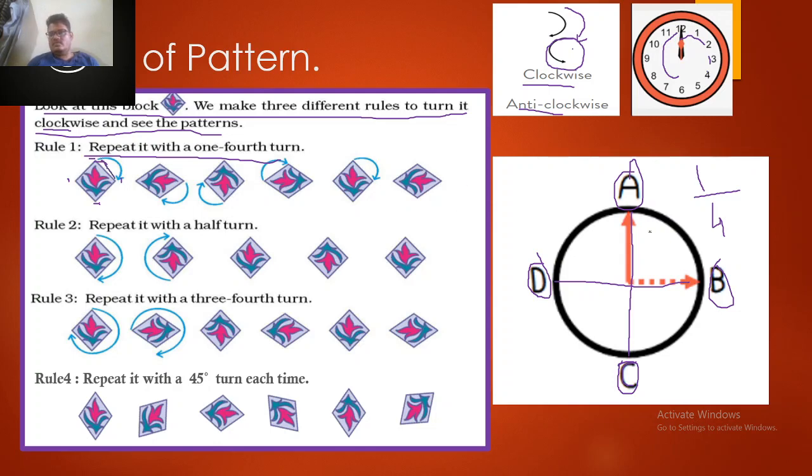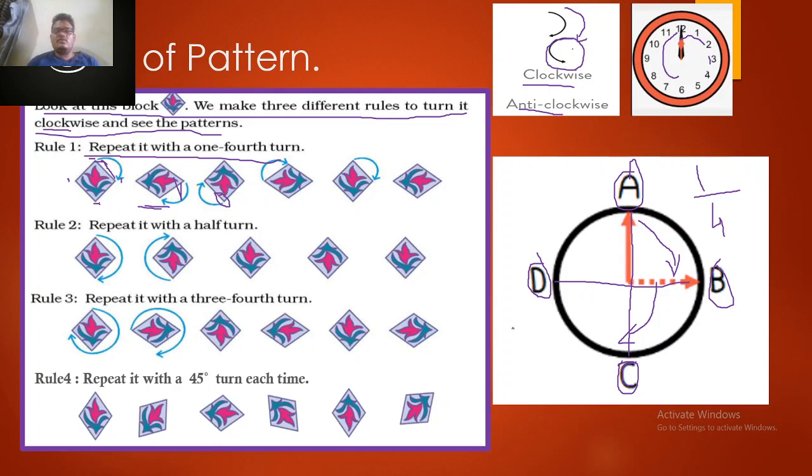After turning, the pattern becomes this. Then again we turn 1/4, out of 4 parts, from here to here. So this portion will become here, on the downside.